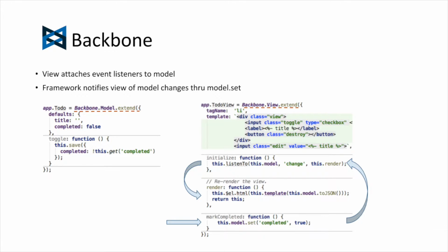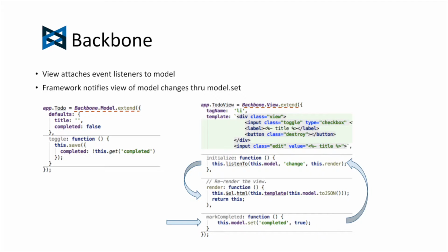When you do that, it calls the function that you provide on your listeners. So when you do this.listenTo and attach your model with an event, your model is able to notify the application that something has changed. Then you have to provide a render method, which is going to be called, and the rendering will take place. So all these pieces come together, and then you're able to see changes. This is how change detection works in Backbone.